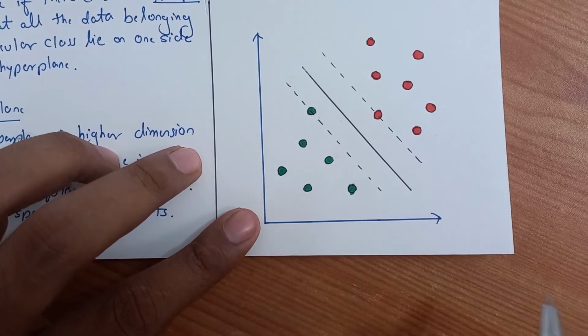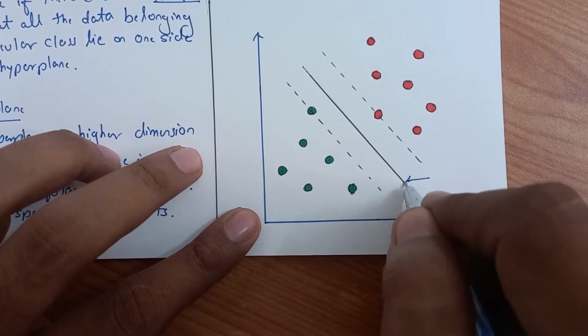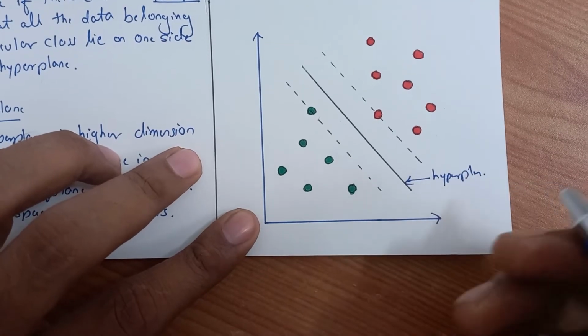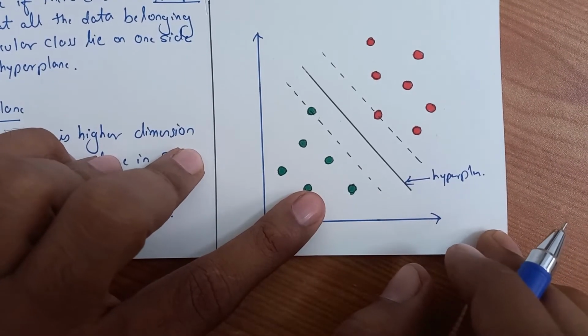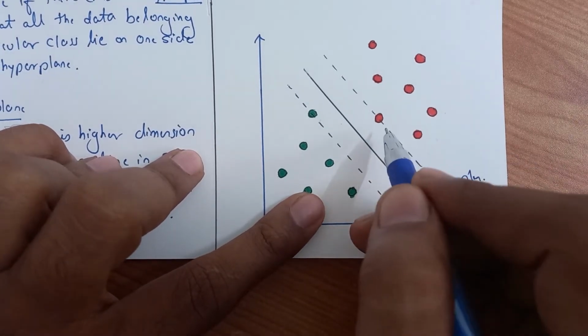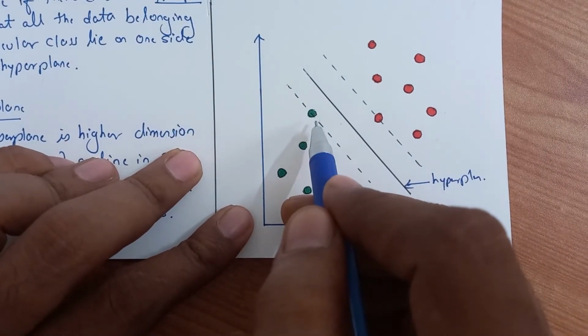So if we consider this as a hyperplane, which is in our case a line, and this is the final line, the closest point to the hyperplane from the upper side is this, and the closest point from the lower side is this.